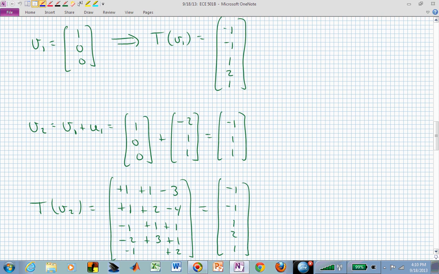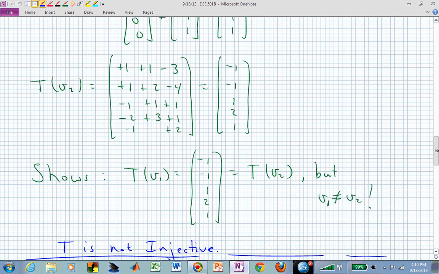And that shouldn't surprise us. But what that does say is that since T has a non-trivial null space, we can take two different vectors in our domain, v1 and v2, process those through the linear map, get to the exact same location, maybe a w1, and yet v1 and v2 are not the same.